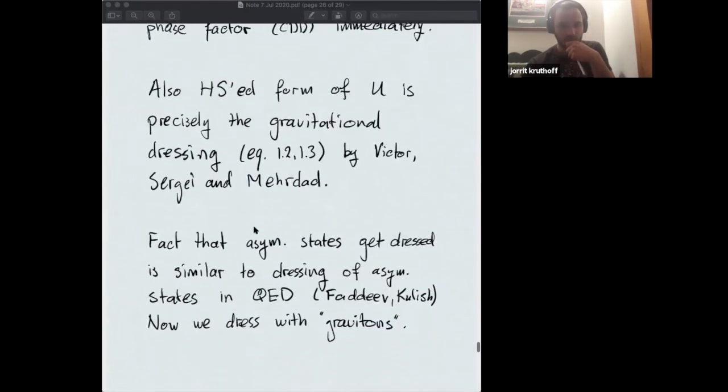And this final statement is what I was saying before, that the dressing of these asymptotic states is similar to what happens in QED, first studied by Faddeev and Kulish. But now we dress them with, quote unquote, gravitons.